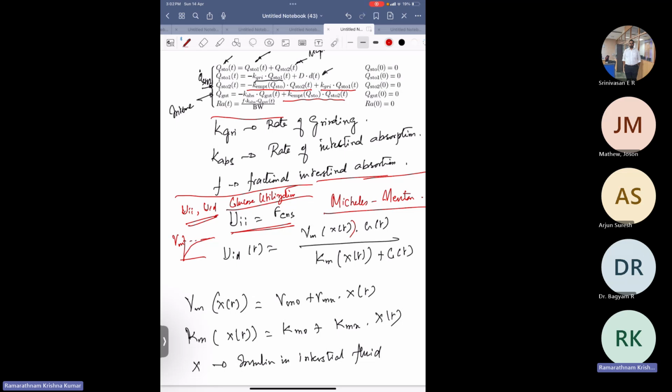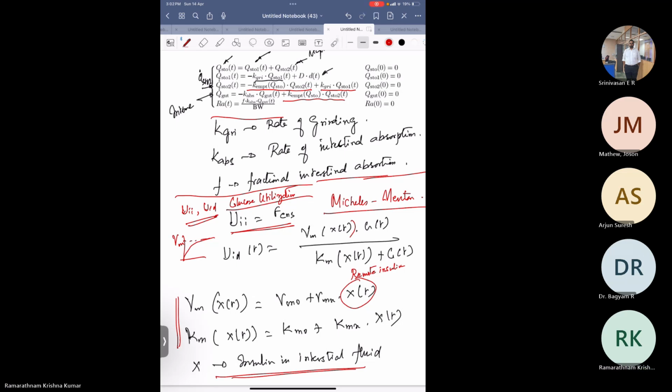What we call remote insulin. After all, it has to be insulin present because that's what we are looking at. So that can be given by a very linear equation. Insulin in the interstitial fluid can be given by a linear equation.